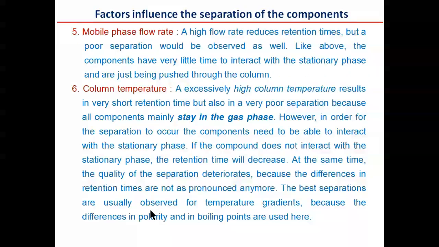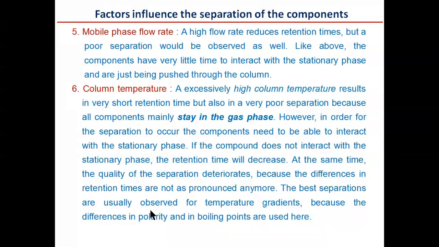And the fifth point is mobile phase flow rate. A high flow rate reduces retention time. The continuous flow of the mobile phase reduces the retention time, or the holding of the component mixture on the stationary phase decreases as you increase the mobile phase flow rate.